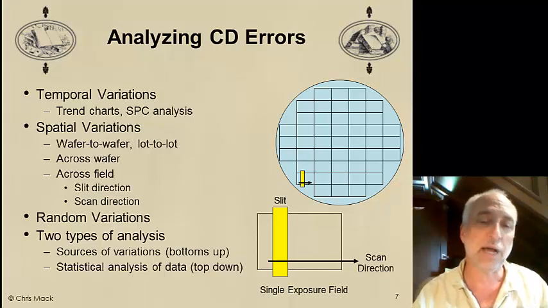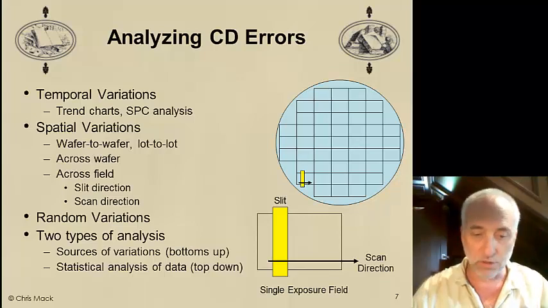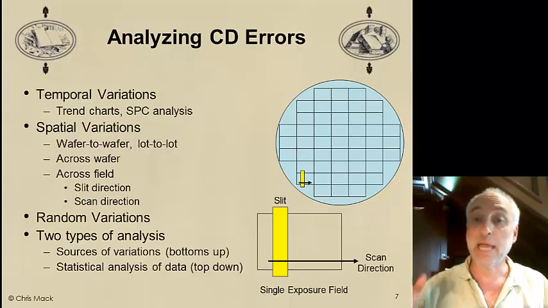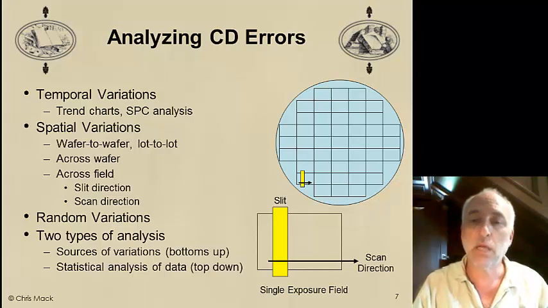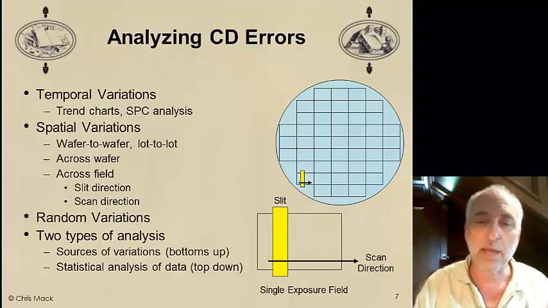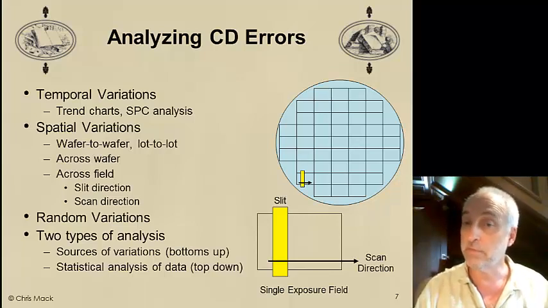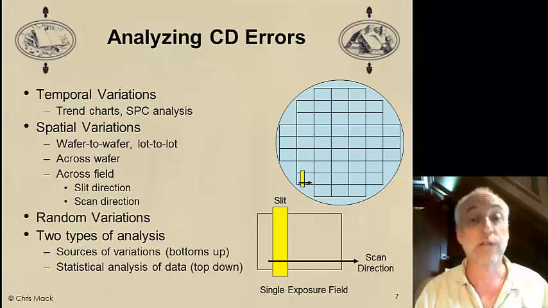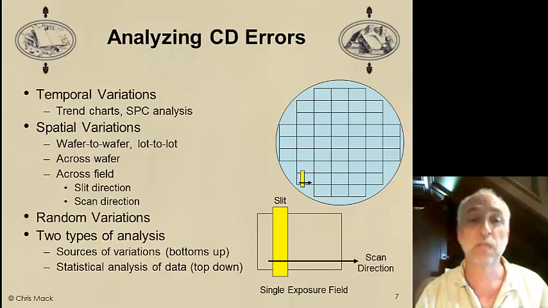What do I mean? Top-down means I look at the final result. I've printed the wafer, it's all done, and now I analyze those results. I do statistical analysis and look for systematic and random components within that final result. That's called top-down analysis. I start with the answer and try to work backwards.